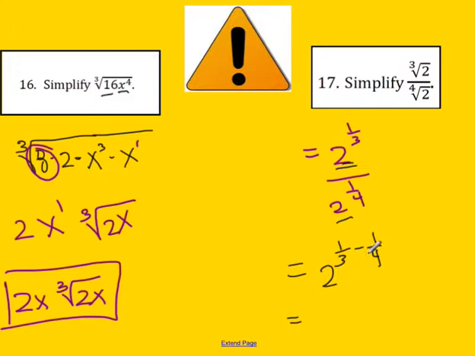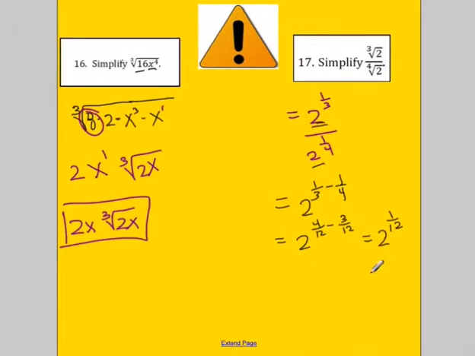Now I would get a common denominator, so it's going to be 2 to the 4 over 12 minus 3 over 12. Now if the denominators are the same, it's going to be 2 to the 1/12. You can write it like 2 to the 1/12, or you can write it as the 12th root of 2. So there's example 17 simplified.